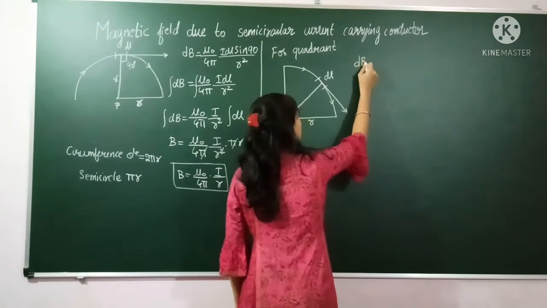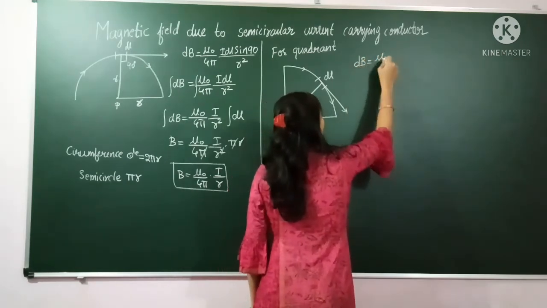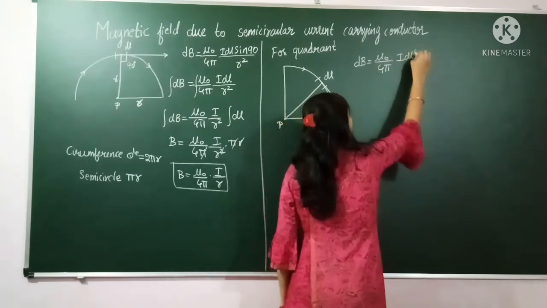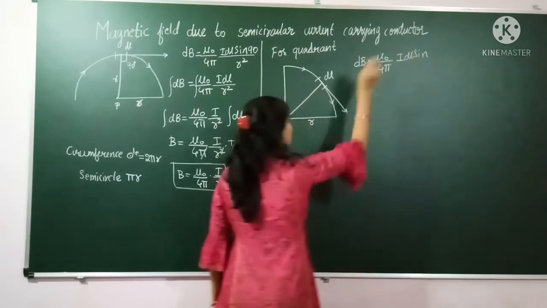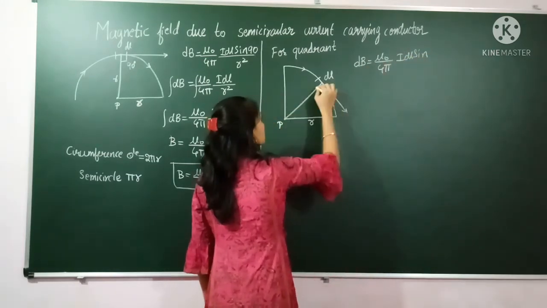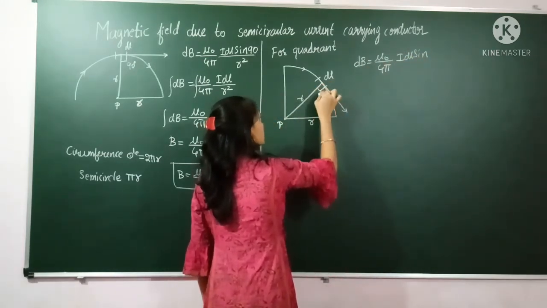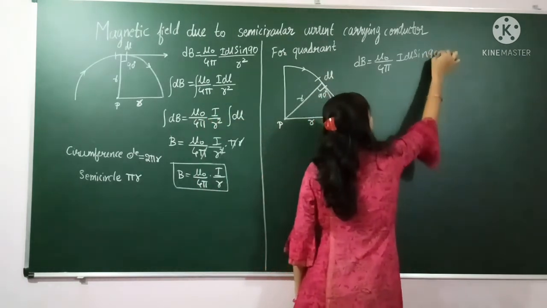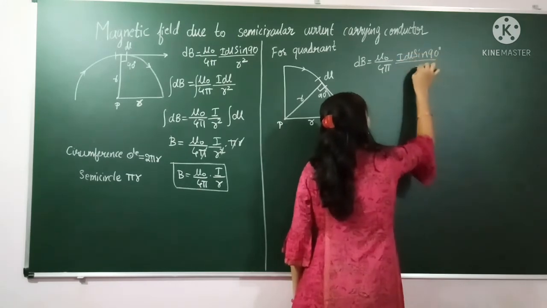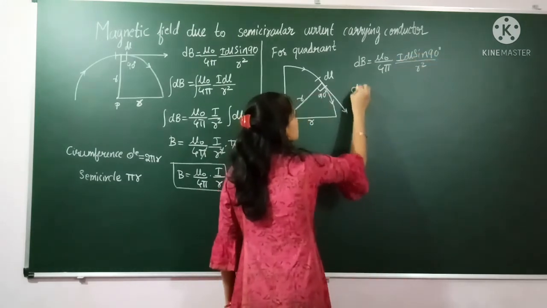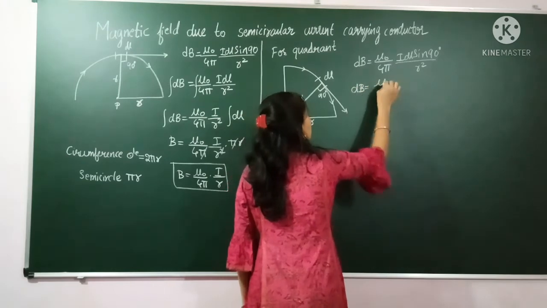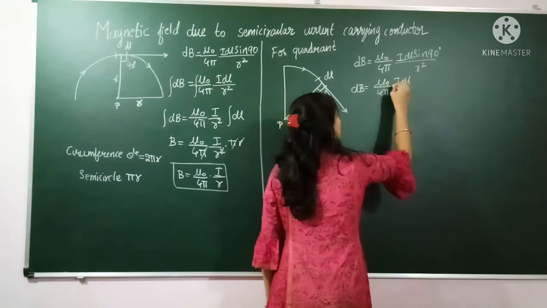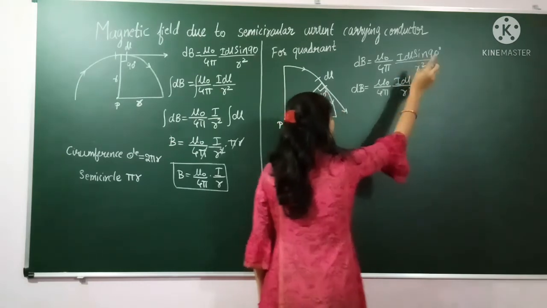According to the Biot-Savart law, dB equals mu naught divided by 4 pi, I dl sin theta divided by r square. The angle between dl and the distance vector r is 90 degrees, because it is tangent to this quadrant. So dB equals mu naught divided by 4 pi, I dl divided by r square, because sin 90 is 1.